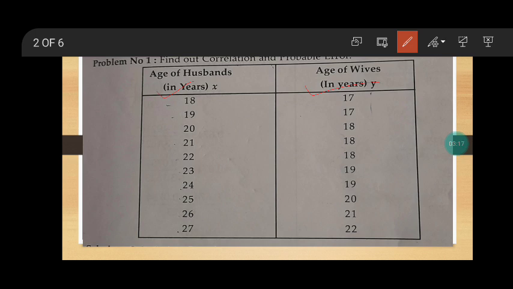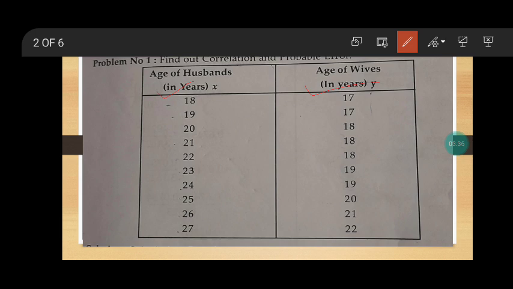Let's see how we are going to calculate the coefficient of correlation. As we discussed in the last lecture as well, the first step is the preparation chart. First of all we make a 7-column preparation chart with the help of the given data.